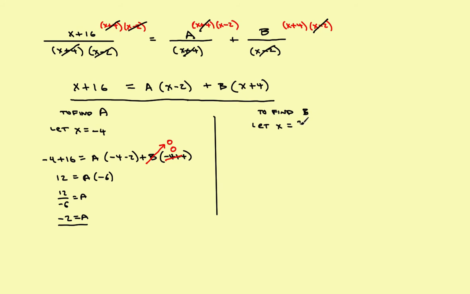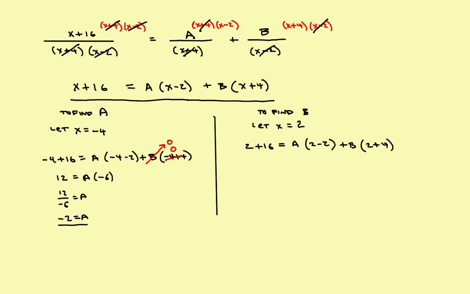So we're going to let X equal 2. Then just repeat the process. Starting with this equation, everywhere you've got an X, plug in a 2. So this would be 2 plus 16 is equal to A times 2 minus 2 plus B times 2 plus 4. So it looks like that.